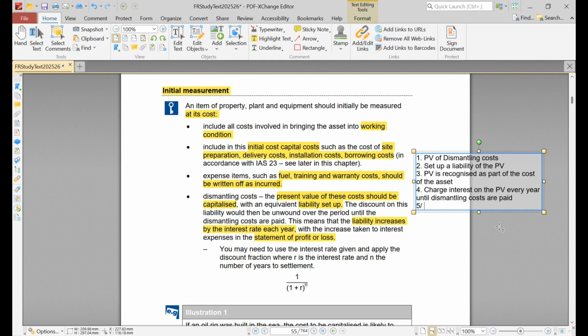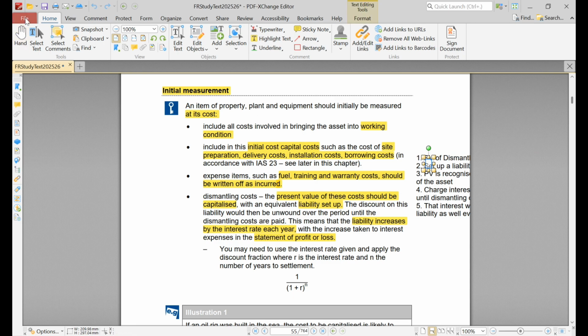And then that interest cost would be added to the liability as well. Okay, so this is the process.